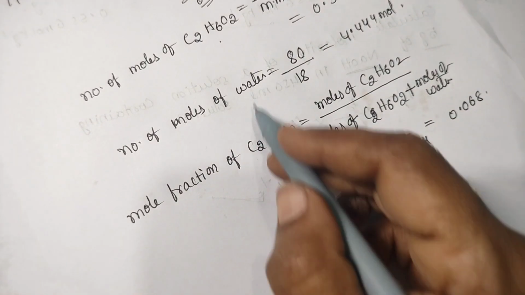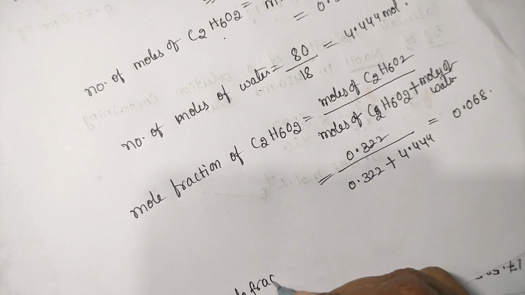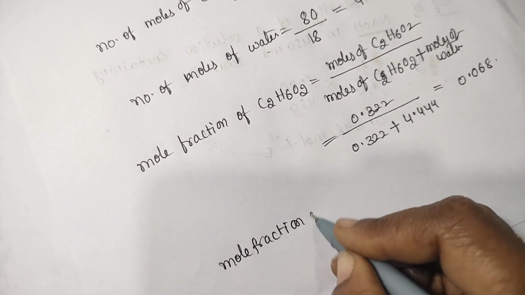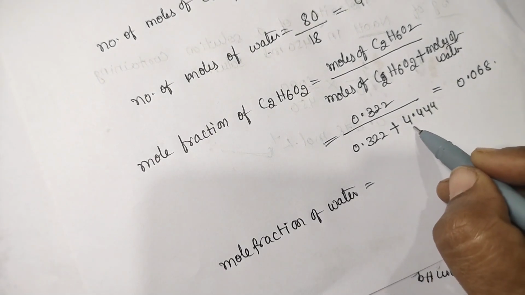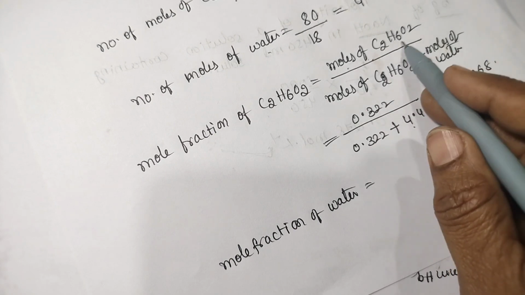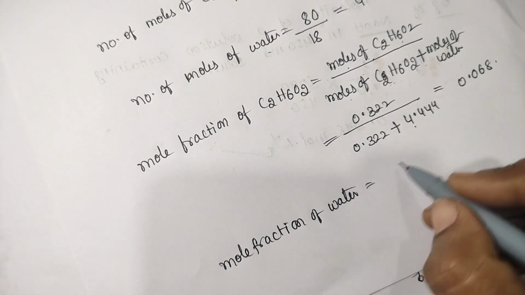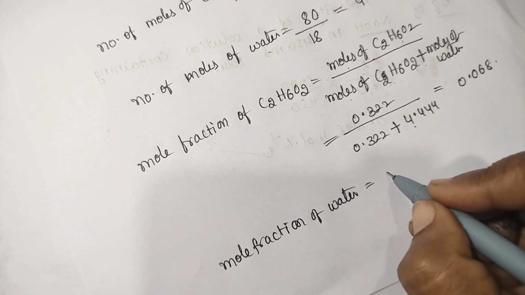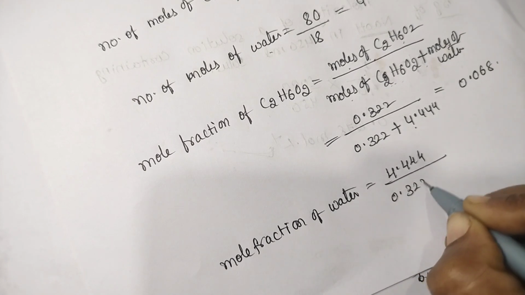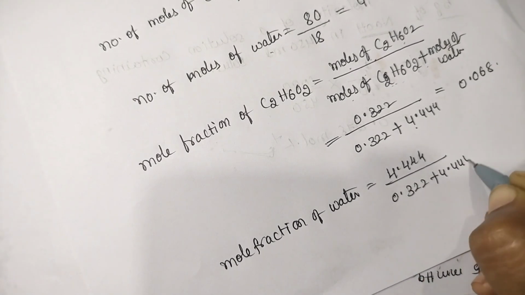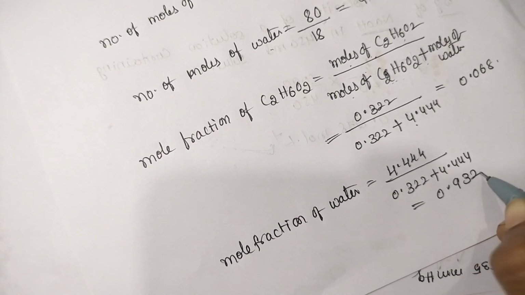If you want the mole fraction of water, first we take number of moles of water divided by number of moles of water plus ethylene glycol. That will be 4.444 divided by 0.322 plus 4.444. That is equal to 0.932.